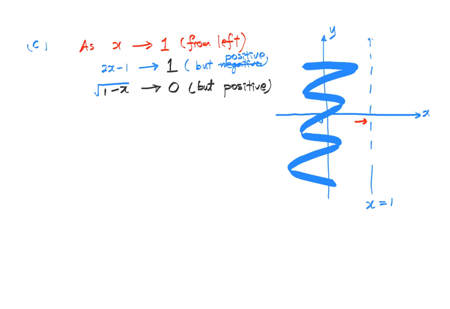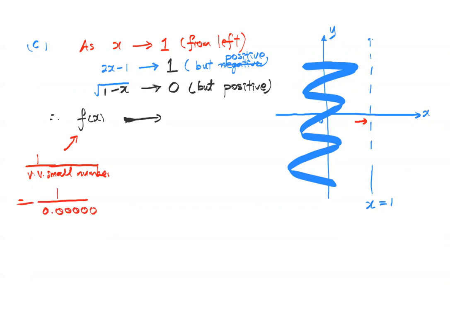So my f(x) will approach 1 divided by a very, very small number. What do you get? For example, 1 divided by 0.000001 is a very big number. So it becomes very, very big, and that's why it approaches infinity.